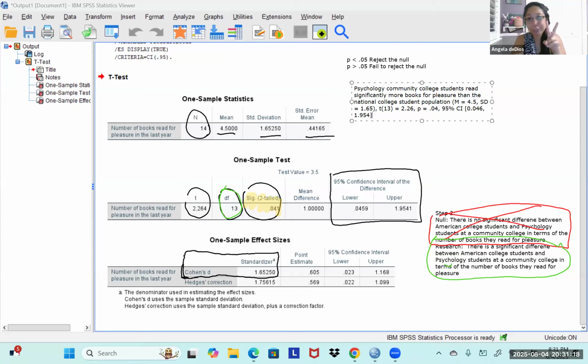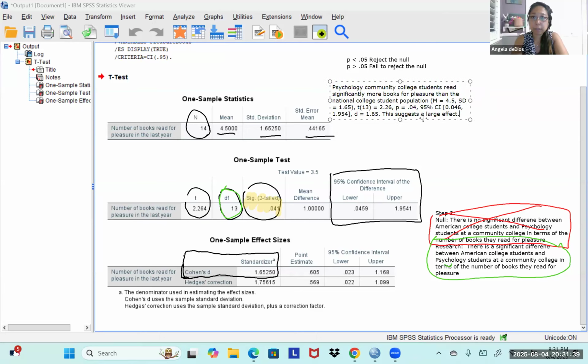All other values to 2, but for confidence intervals, we go to 3. And then we also have Cohen's d, which was calculated at 1.65. This suggests a large effect, right? Because according to Cohen's d, that would be a large effect. So that is our write-up.